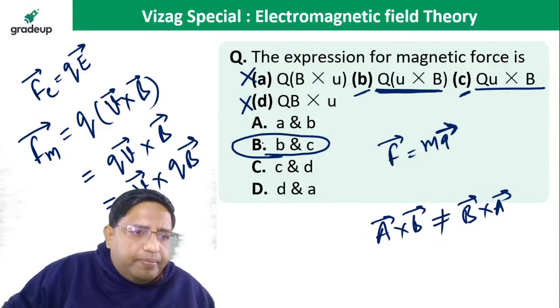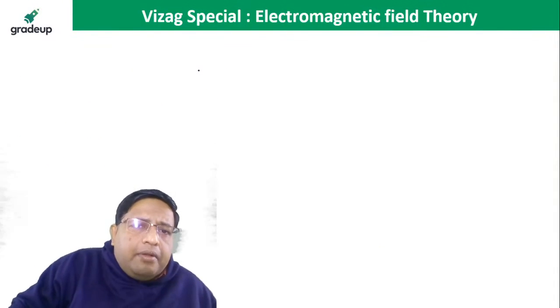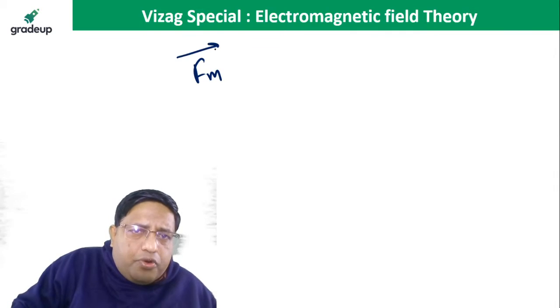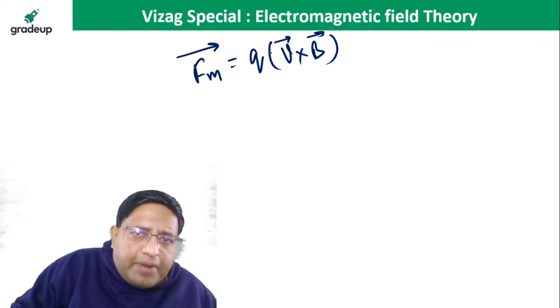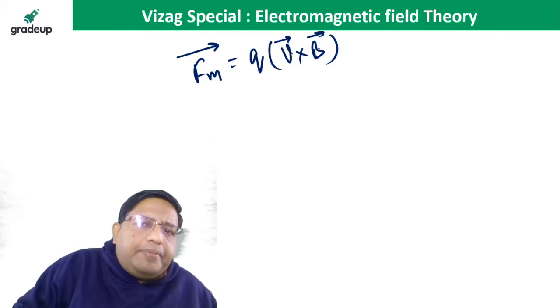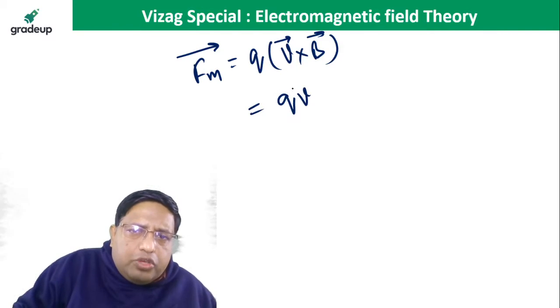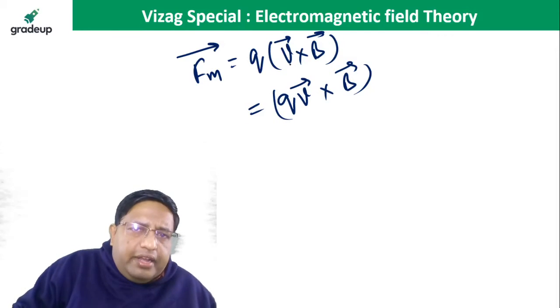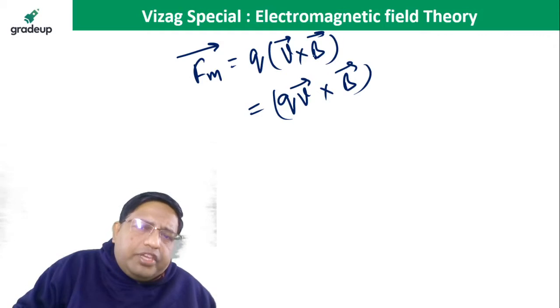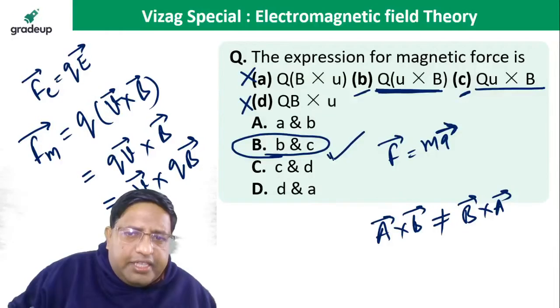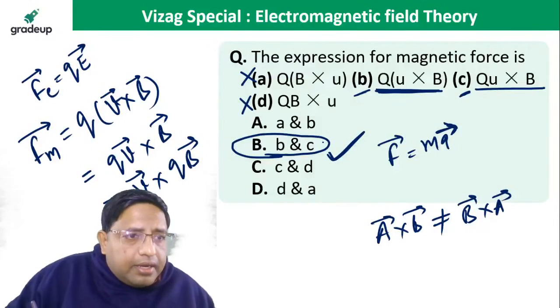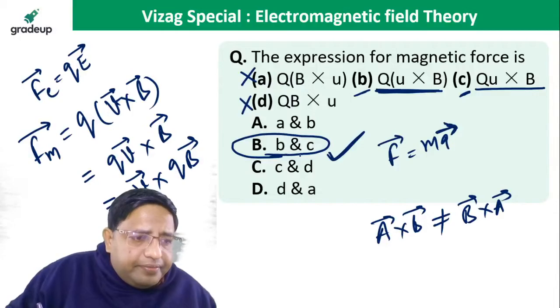B is the correct answer, because you already know magnetic force is Q into V cross B. That is the magnetic force, and you may multiply Q either by the V or by the B. Means you can write QV cross B. It is also correct, but V cross B is not equal to B cross V. So B option is the correct option.